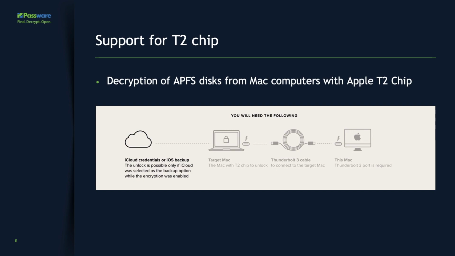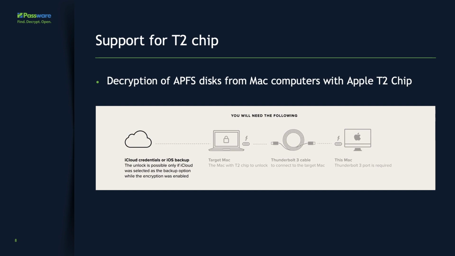In this case, the examiner might first try to recover the password using PKF, and in the case the password is recovered, we can then use that encrypted iTunes backup with a known password to unlock the Mac with the T2. So for this to work, the examiner needs two Mac computers, one with the Passware Kit Mac version installed, and the target one connected via a Thunderbolt cable.